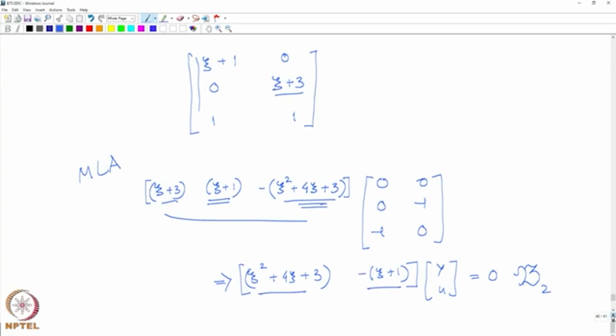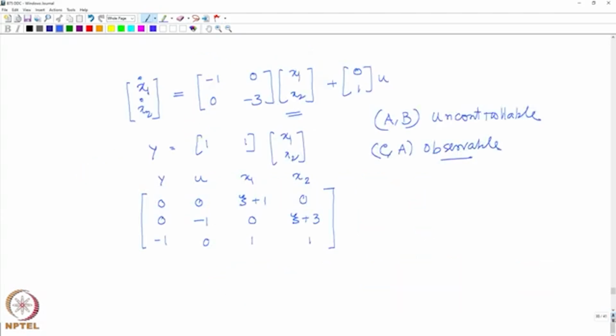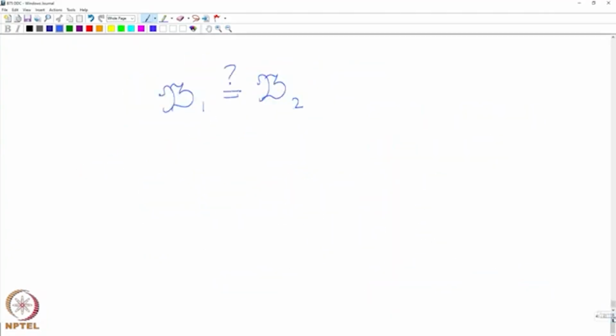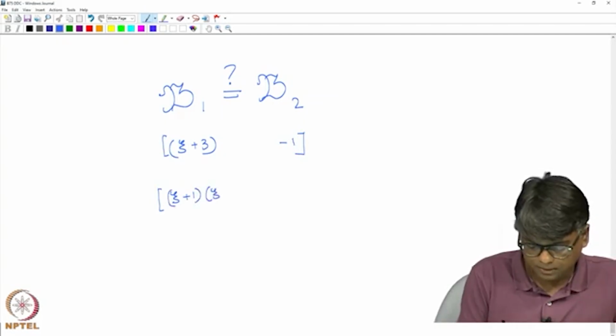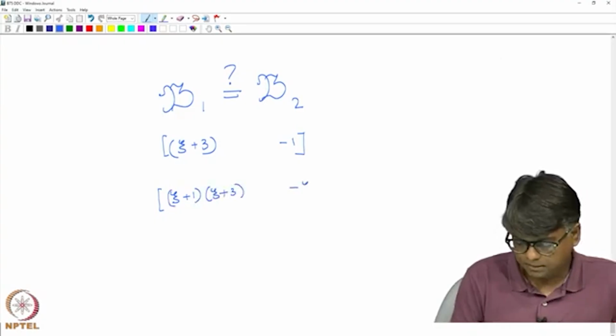Go back and check that for C infinity behaviors to be the same, their row modules need to be the same. But are the two row modules the same here? They are not. Look at the two row modules. One is just xi plus 3, minus 1, that is one row module, and the other row module is xi plus 1 times xi plus 3, minus xi plus 1.